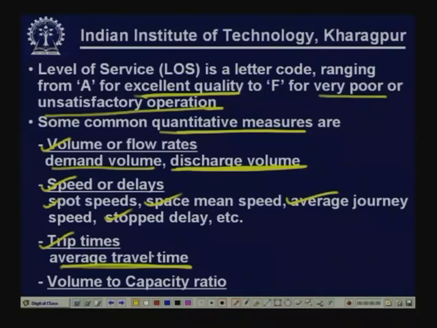Sometimes it is rational to use volume to capacity ratio rather than using only volume, because if you say only volume, 2000 vehicles on a single lane road, on a 2-lane road, or on a 3-lane road, the effect is totally different.